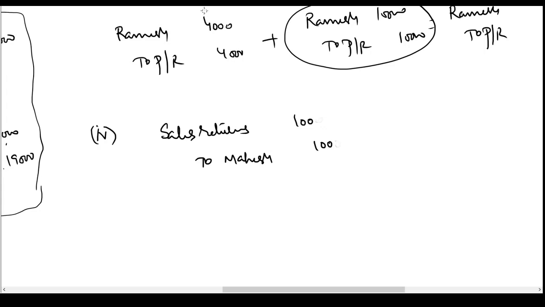So now we'll record the remaining 900 rupees. This is the entry I have to pass: sales returns account debtor to Mahesh 900 rupees, because already there is an entry sales returns account debtor to Mahesh 100. 100 plus 900 would become equal to 1,000 rupees.